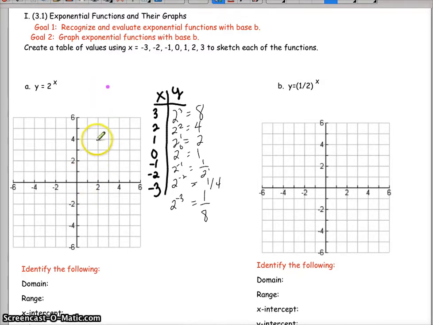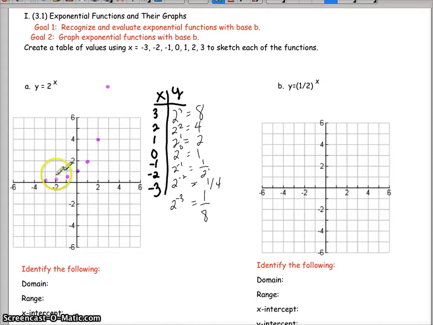Right 2, up 4. Right 1, up 2. Over 0, up 1. Left 1, up 1/2. Left 2, up 1/4. Left 3, up 1/8. And as you notice, as we continue to travel left, we're getting closer and closer to the x-axis.